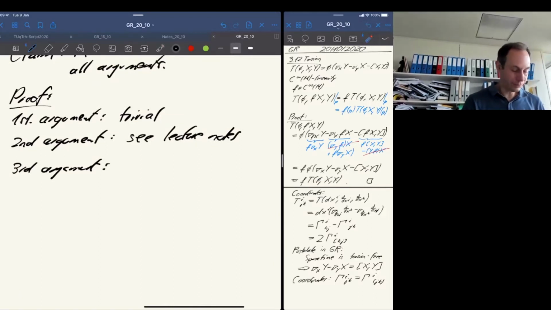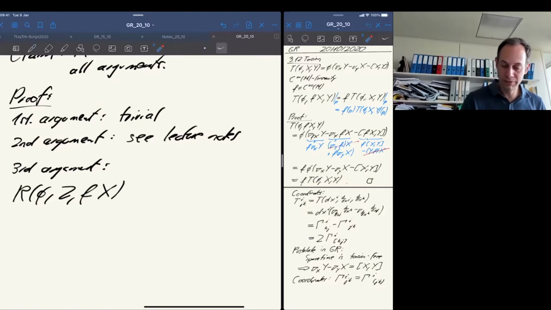So what we need to do is again to multiply the third argument with a function f. Again, I will not write this, but f is again some arbitrary C infinity function on the manifold. Okay, I will probably need more space, so let me allow some space to summarize terms.